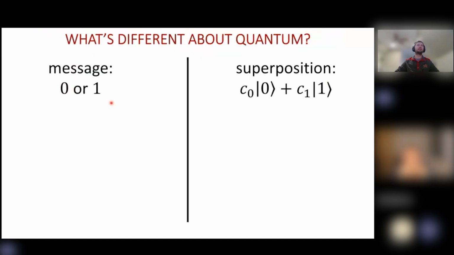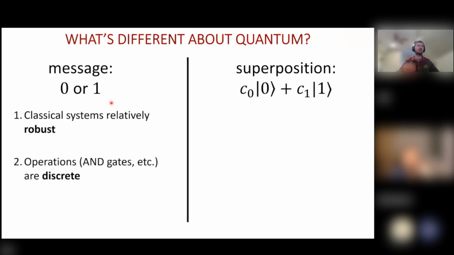What's different about quantum? We are sending a message, heads or tails in the classical world. This message is discrete. All the operations on it are discrete. And especially in the case of hard drives, noise is not too big of an issue.